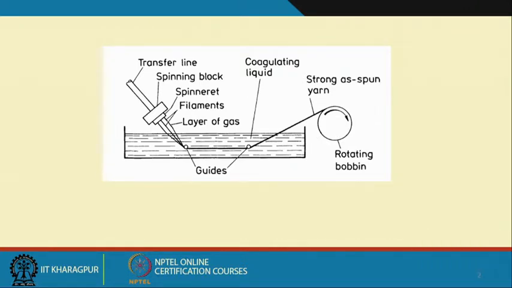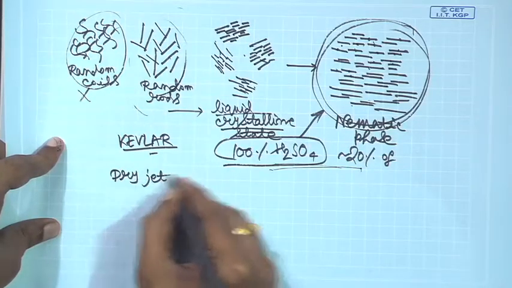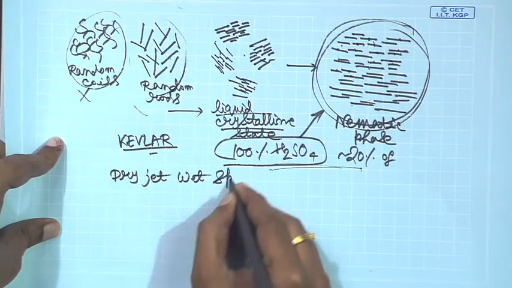Now, let us come back to our script here. We will try to explain this particular situation a little further. We were talking about the spinning process, and we already talked about what you call dry jet wet spinning.